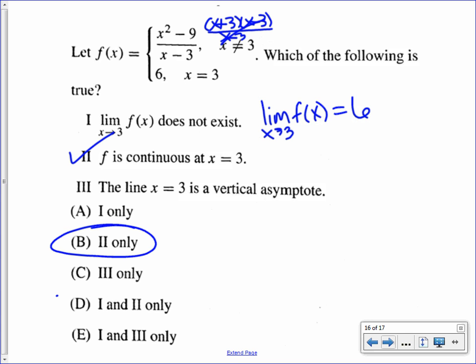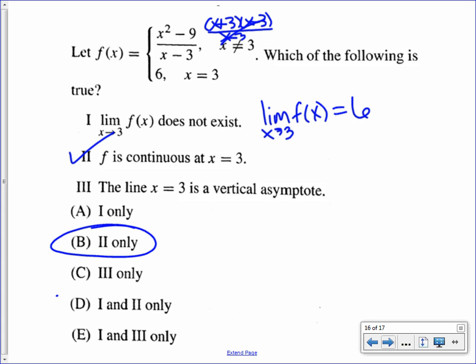So just the 6 right there, like 6 comma, shows that there's a point, that means f of c is 6. So f of x is 6 when x is 3. So how do we know the limit exists? Because it's 6.